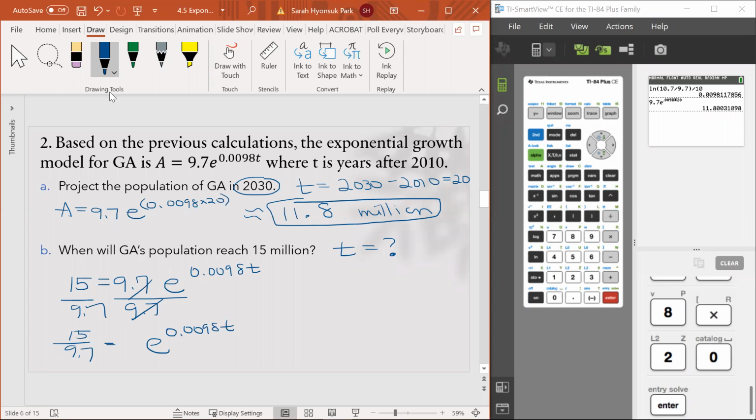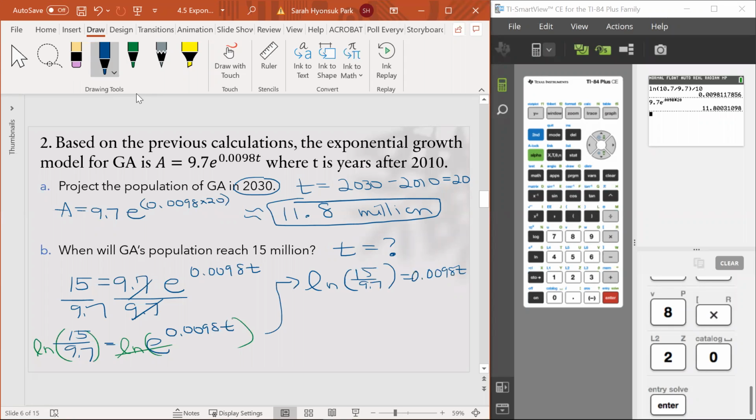At this point, to cancel E and make the power come down, we do ln of both sides. So ln of E is 1, so I'm canceling that. We have ln of 15 over 9.7 equals 0.0098 T. Oops, I think I need more room, so I'm going to put that over on the side more.